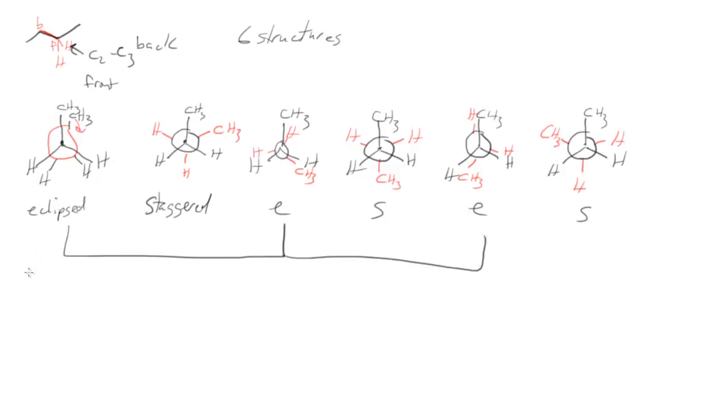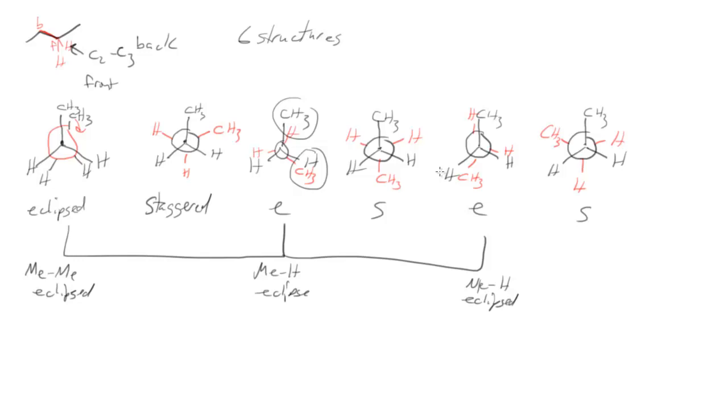In this first one, I have methyl eclipsed, while in the other 2, I have methyl hydrogen eclipsed. So now you have to decide which of those 3 seems like it will be the worst steric interactions and then be the highest energy.